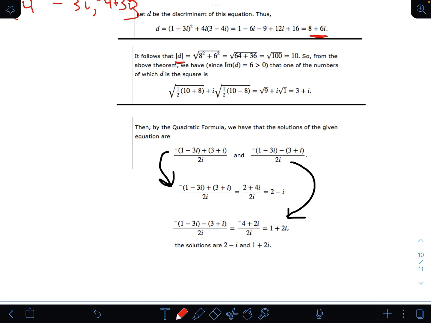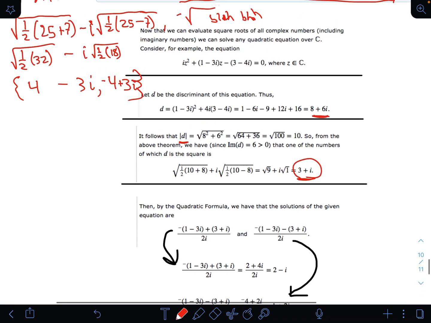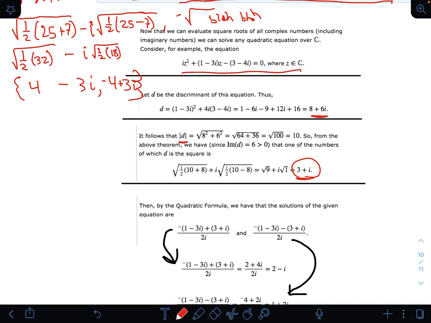So now I've got to take this, and I'm going to find that this is going to be 3 plus i when I take the square root of that value. Then in the quadratic formula, you can see the 3 plus i shows up here. It's negative b plus or minus the square root of 8 plus 6i, which was 3 plus i, and it's plus or minus those amounts.